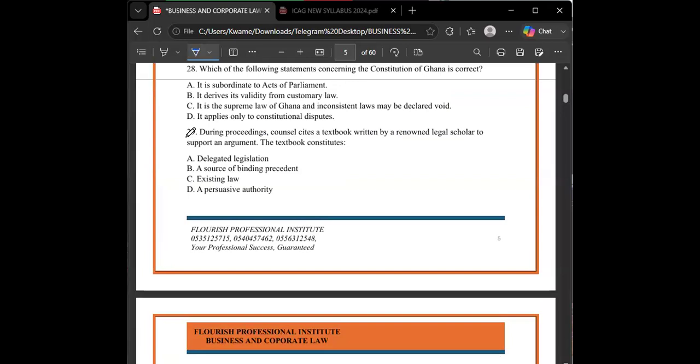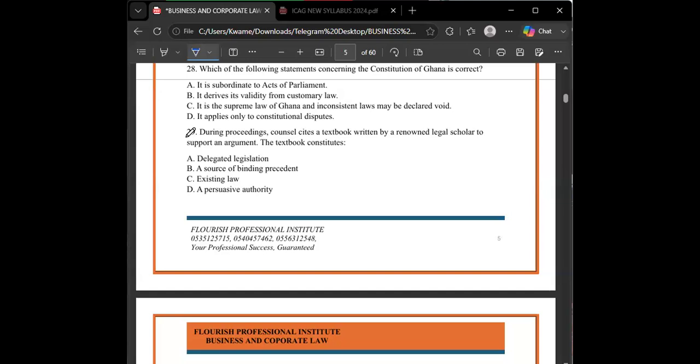28. Which of the following statements concerning the Constitution of Ghana is correct? A. It is subordinate to Act of Parliament. B. It derives its validity from customary law.